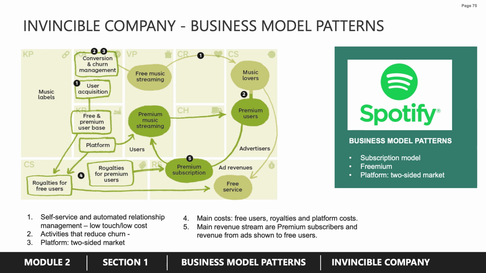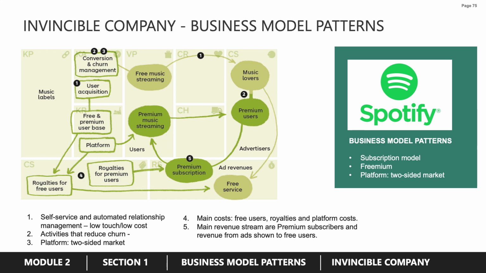Now, as you'll see from this business model pattern, to implement a freemium model, you also have to think about what your key resources and activities are. For Spotify, converting free users over to premium is critical, so one of their key activities is the ability to convert free users to premium.